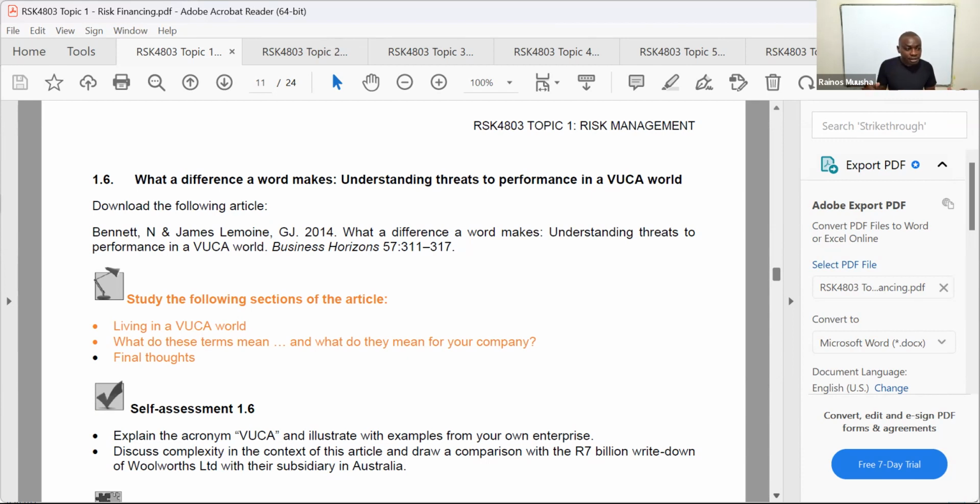Because of this, if you compare risk management from 50 years ago and from today's perspective, there's quite a big difference in how you look at risk management. The reason is the progress in the internet and information technology, which has made communication easier.